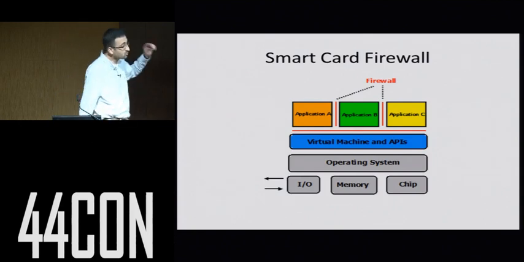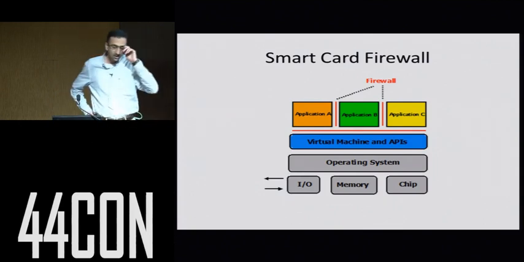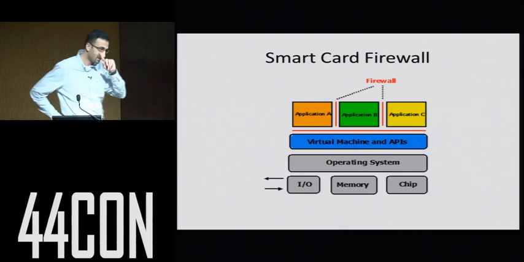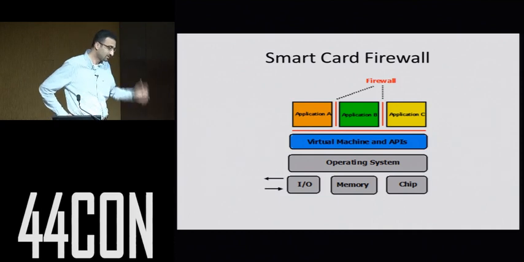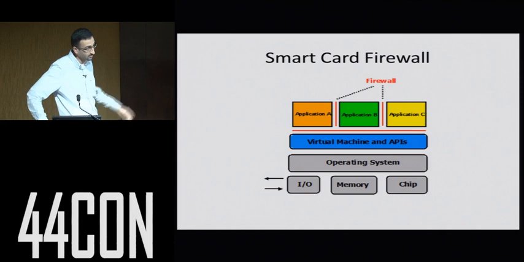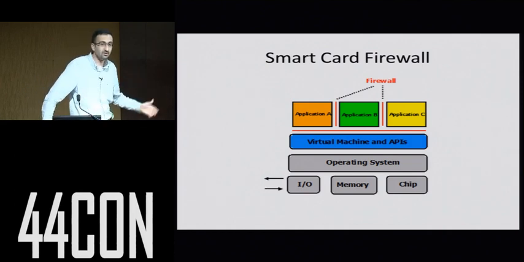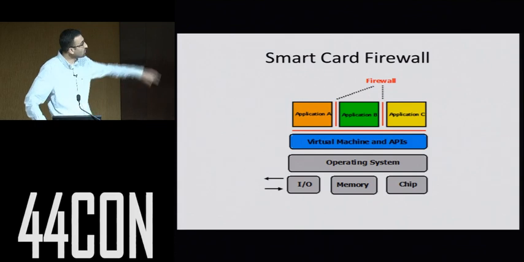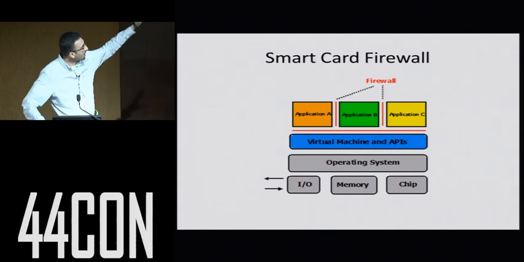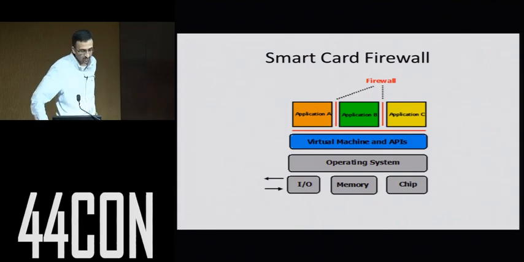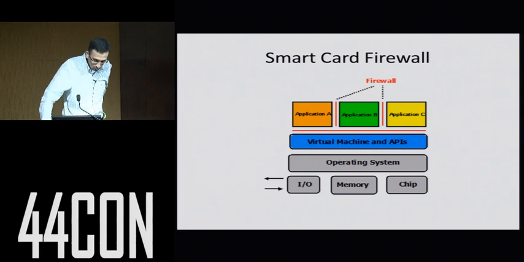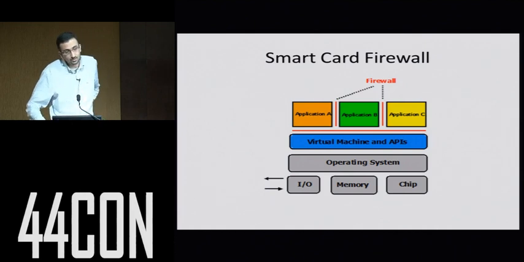In response to those threats, smart cards have a very important security defense called the smart card firewall. It's not about the firewall we know, like a network firewall. It's more a concept of isolating different applications on the smart card. So you can see there are 3 different applications running on top of a virtual machine.